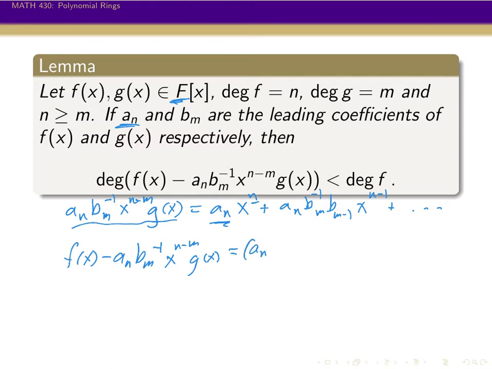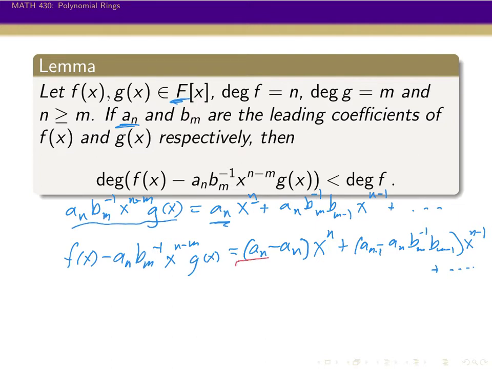In this lead spot we're going to have a sub n minus a sub n, x to the n, plus a sub n minus 1 minus a sub m b and so on, plus lower terms.